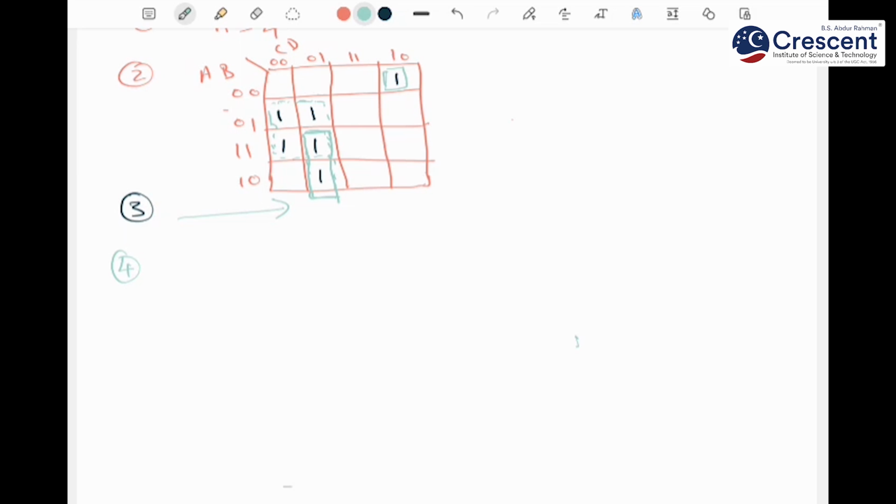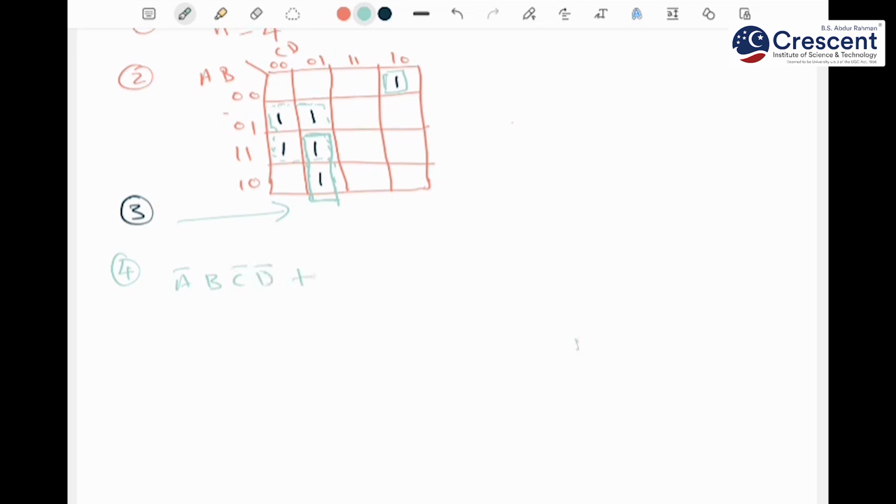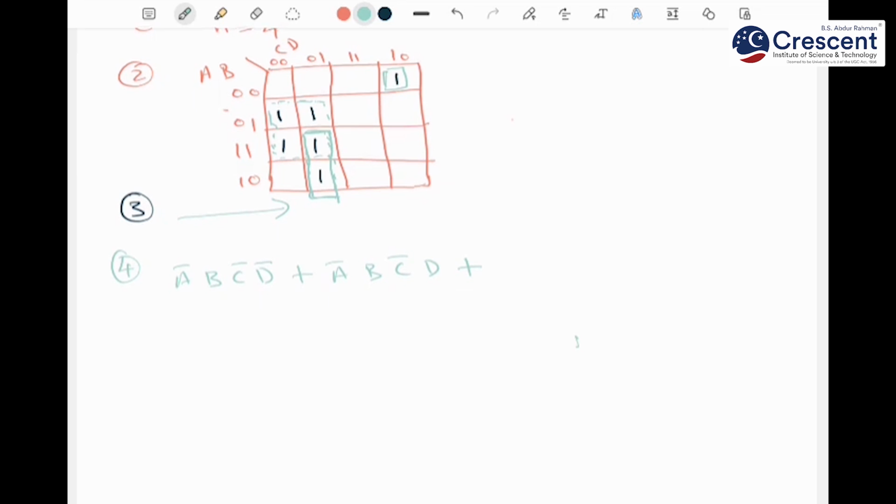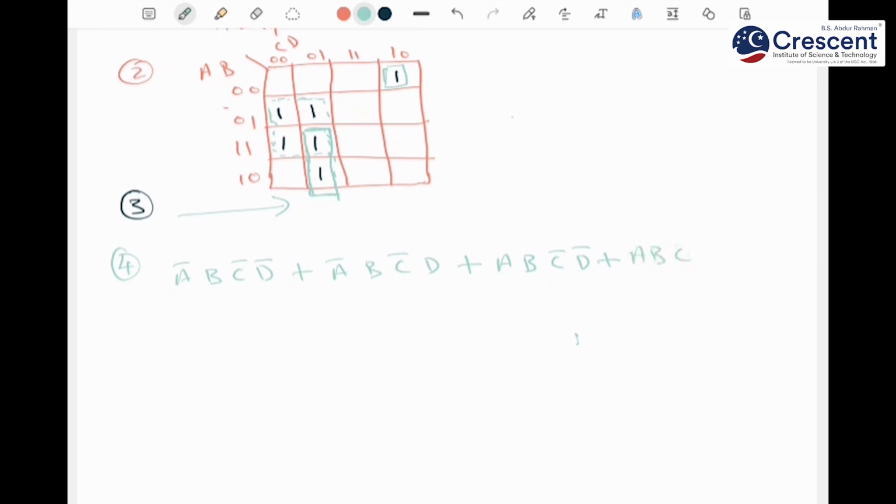So the first group we can write as A bar, B, C bar, D bar plus A bar, B, C bar, D plus A, B, C bar, D bar plus A, B, C bar, D. This group 1 is over.